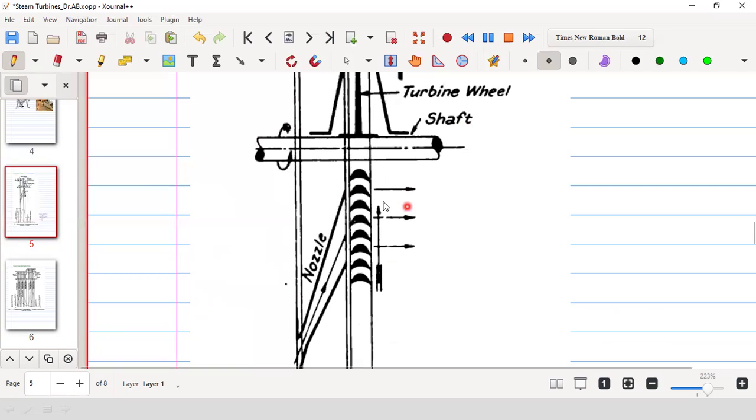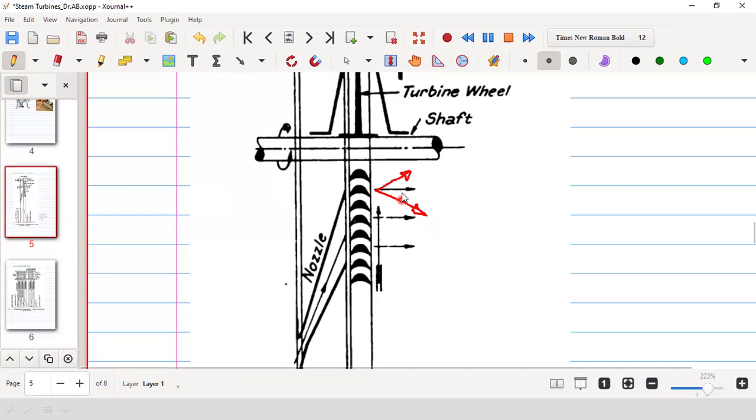So if it is leaving with some velocity like this, it means that part of the kinetic energy we have not used, it is leaving with that velocity. That means it has not been utilized fully, that corresponding velocity component, right?